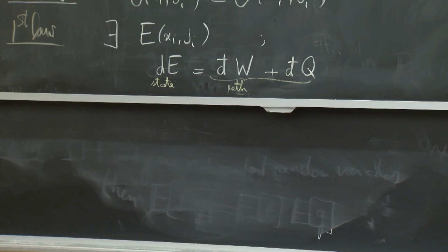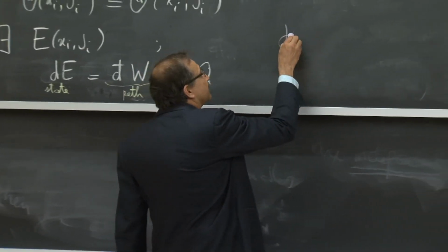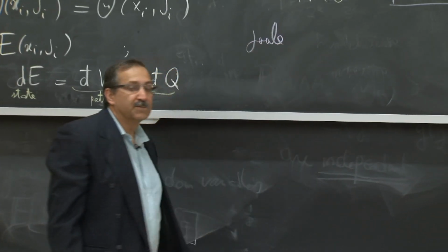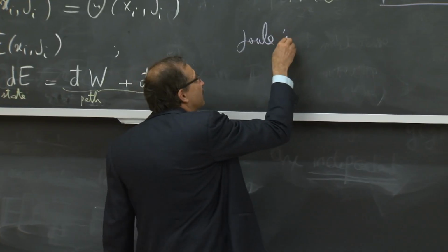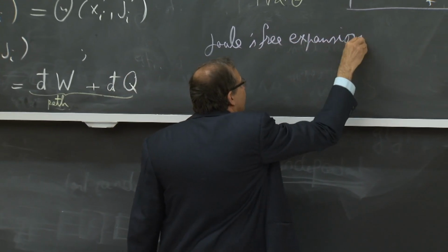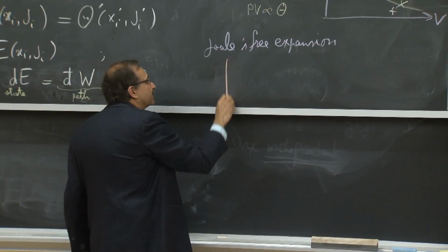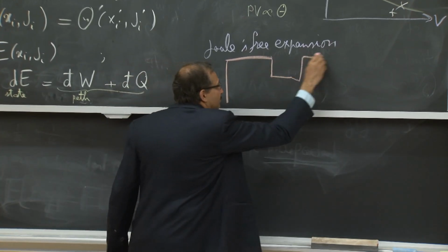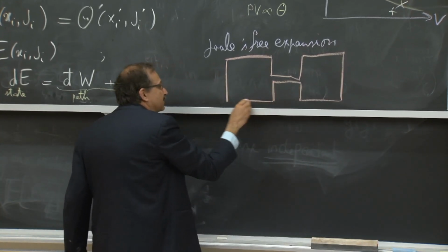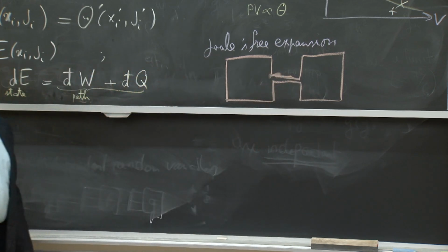Again, if we ask, well, what can we say in this context for the ideal gas? There is the very nice experiment by Joule, where he said, let's isolate our gas into two chambers. These are rigid walls, very nicely isolated from the environment.